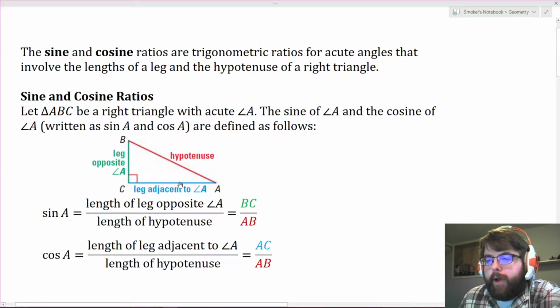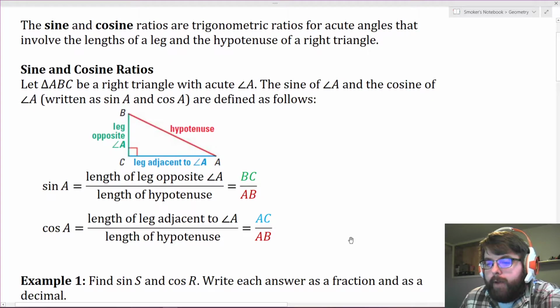If I'm looking at the hypotenuse and the adjacent, that's covered by cosine. If I'm looking at the opposite and the hypotenuse, that's covered by sine. If I'm looking at the opposite and the adjacent, that's covered by tangent. So there's a trig function for each pair, and that's why there are three trig functions. There's actually more, but not that we're going to cover.